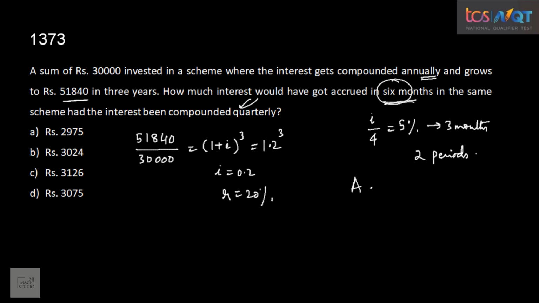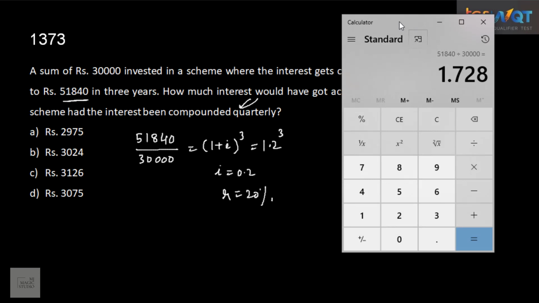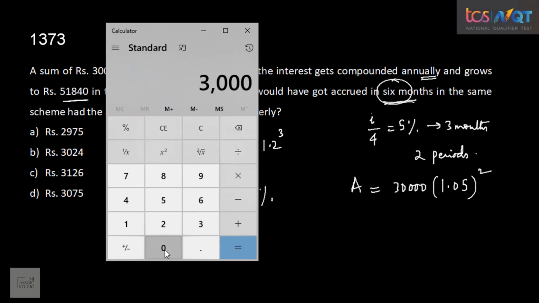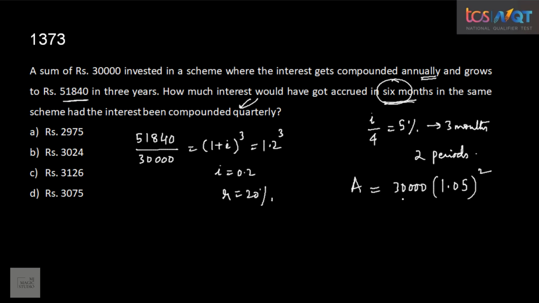Then the amount at the end of 6 months would be 30,000 into 1.05 to the power 2. So it would be 30,000 into 1.05 into 1.05. So the amount would be 33,075, and hence the compound interest collected would be 33,075 minus 30,000, that is 3075.